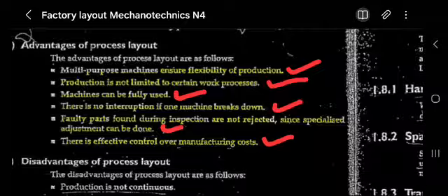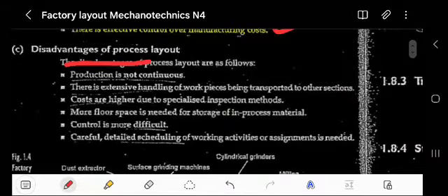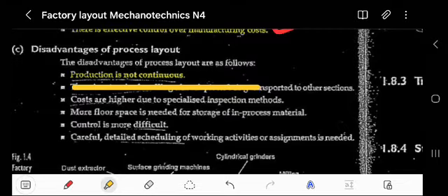Then we go to the disadvantages of a process layout. Production is not continuous. There is extensive handling of workpieces being transported to other sections.